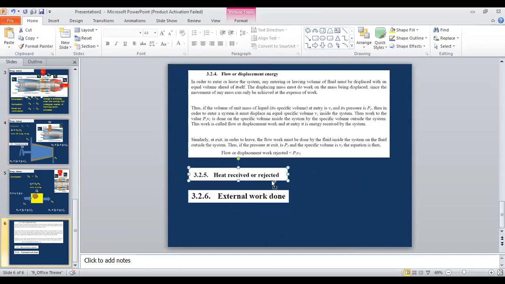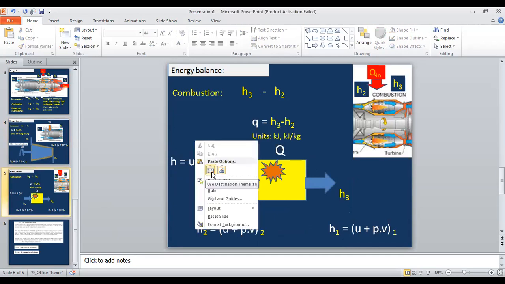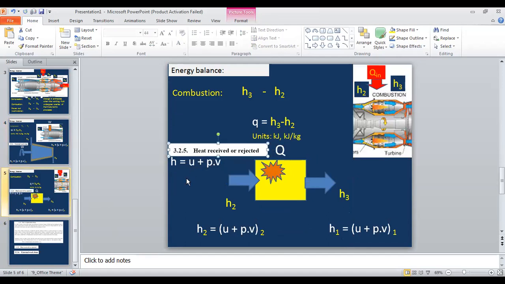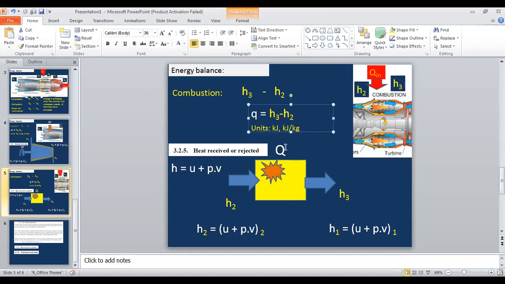And the heat received or rejected. In this case, it's about heat received. So finally, you have this Q. I will put small q. Even if we have big H and also big Q, don't worry. Anyway, I just put it here, no issues. So you should understand this.